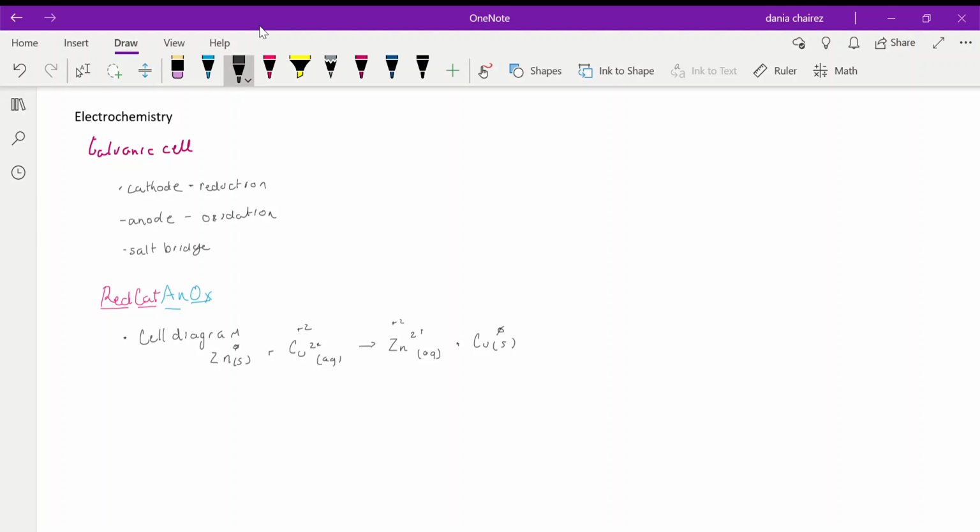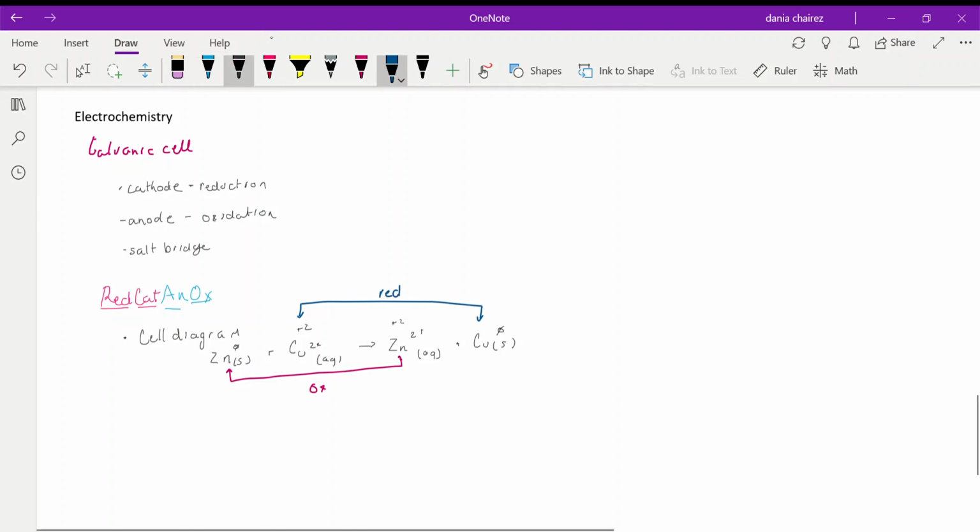So zinc is going from 0 to +2, which means that it's losing electrons because it's becoming more positive. So this is our oxidation. And then copper is going from 2+ to 0, which means it's gaining electrons because it's becoming less positive. So this right here is our reduction.